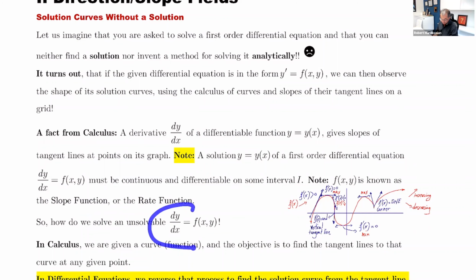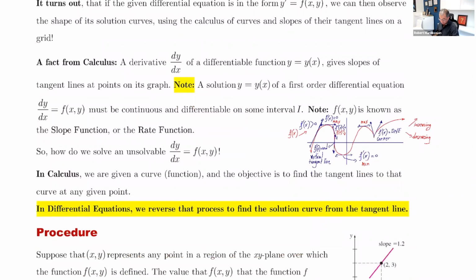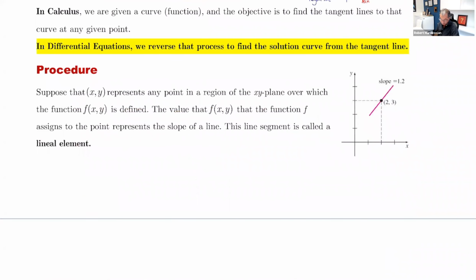So how can we solve this unsolvable function? Now, as I told you, in calculus we're given a curve function, and the objective is to find the tangent lines to the curve at any point. In differential equations, we reverse the process to find the solution curve from the tangent line. How does that work?